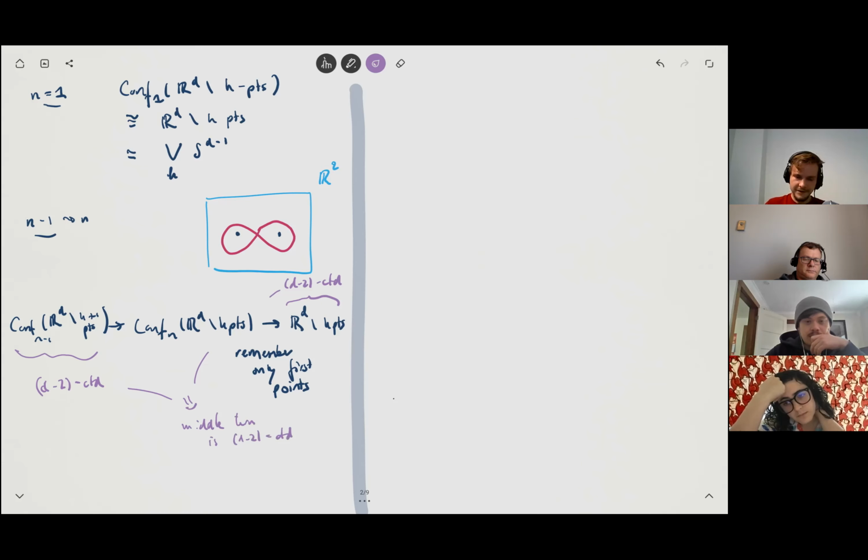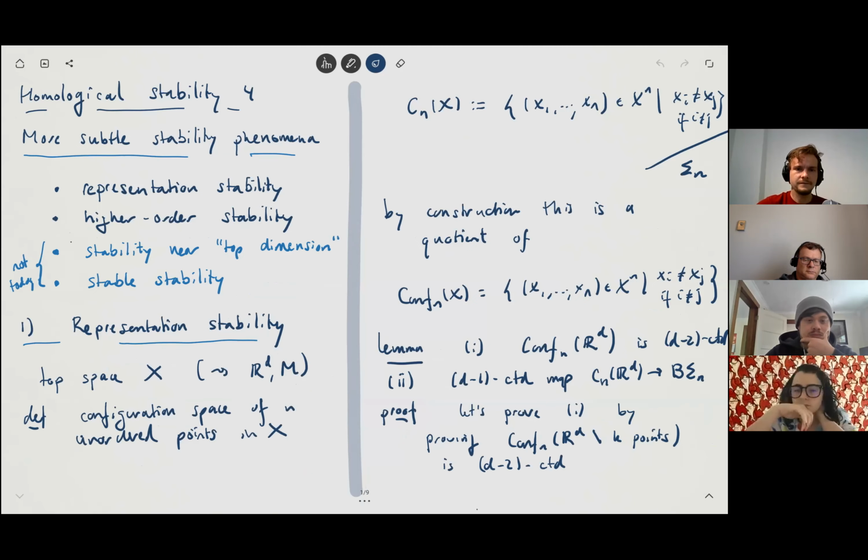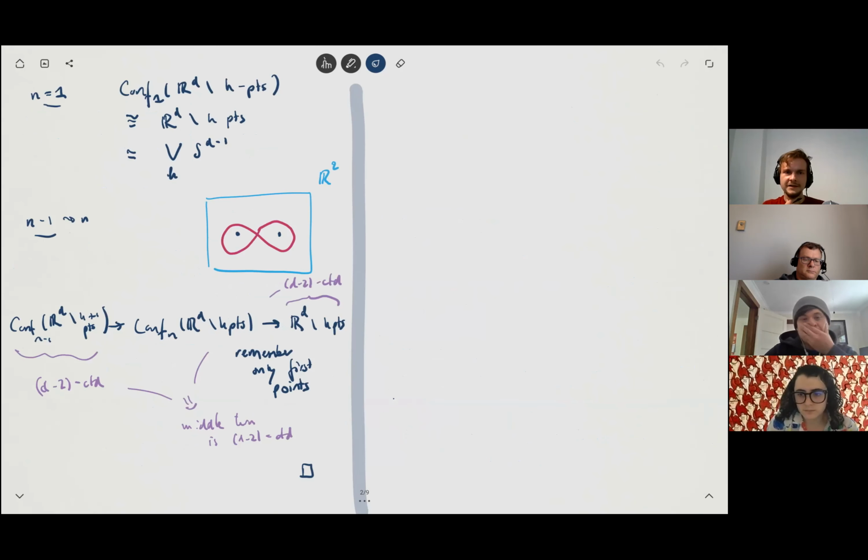So as a consequence of the second part of this lemma, there will be homological stability at least in a range for configuration spaces of n-ordered points.